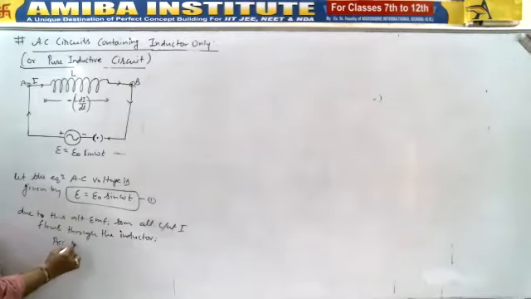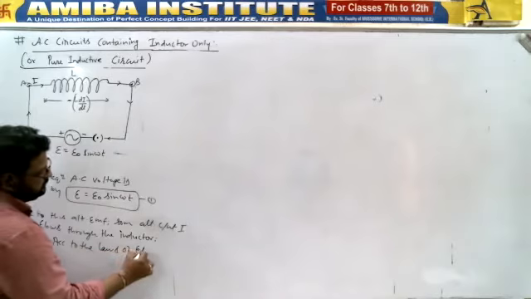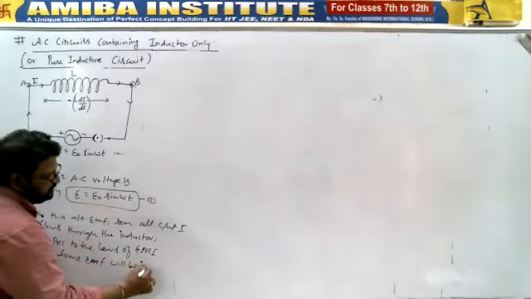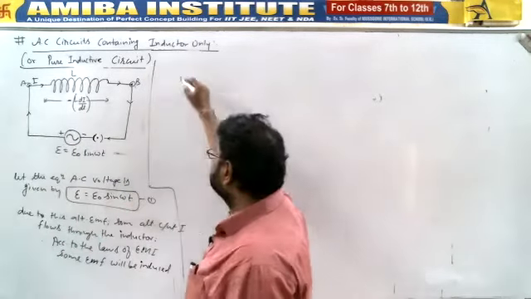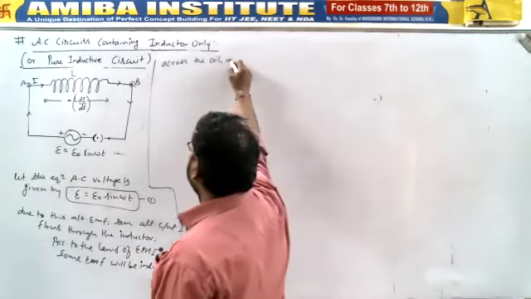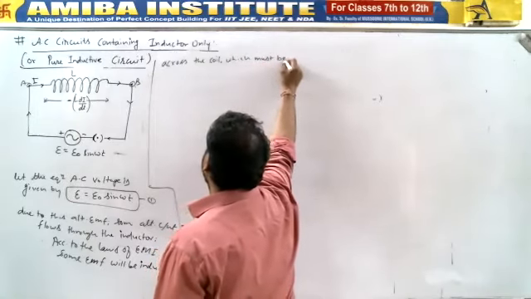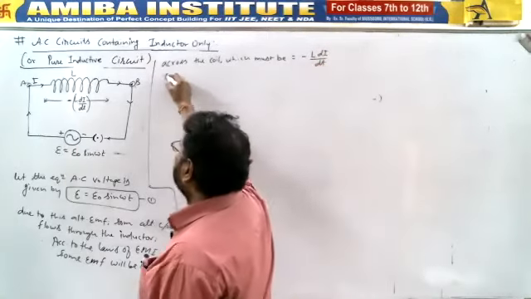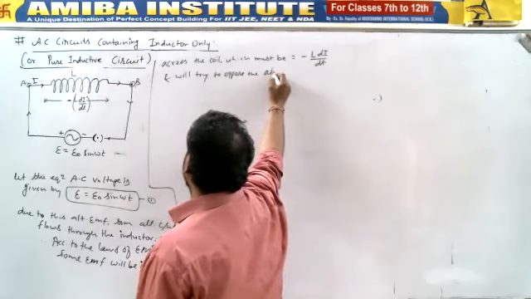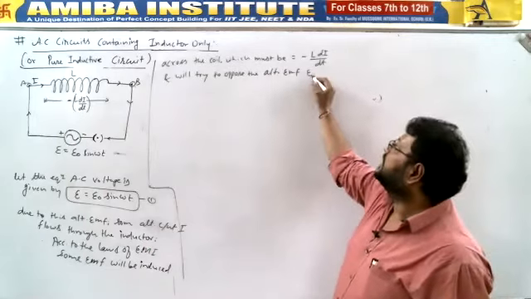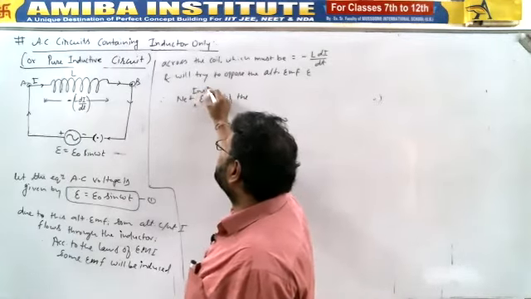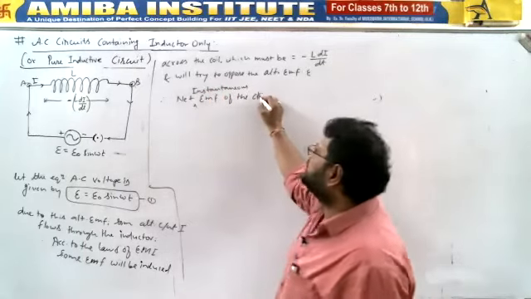Therefore, according to the laws of EMI, some EMF will be induced across the coil, which must be equal to minus L di by dt, and will try to oppose the alternating EMF E. Therefore, the net instantaneous EMF of the circuit should be how much?